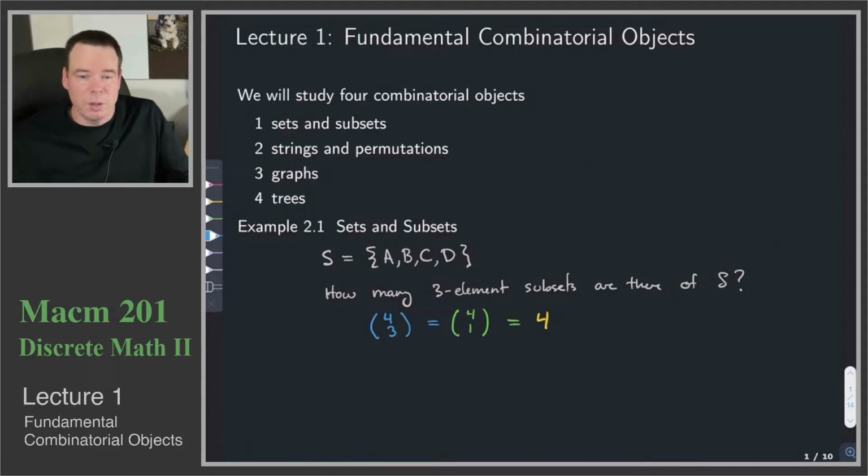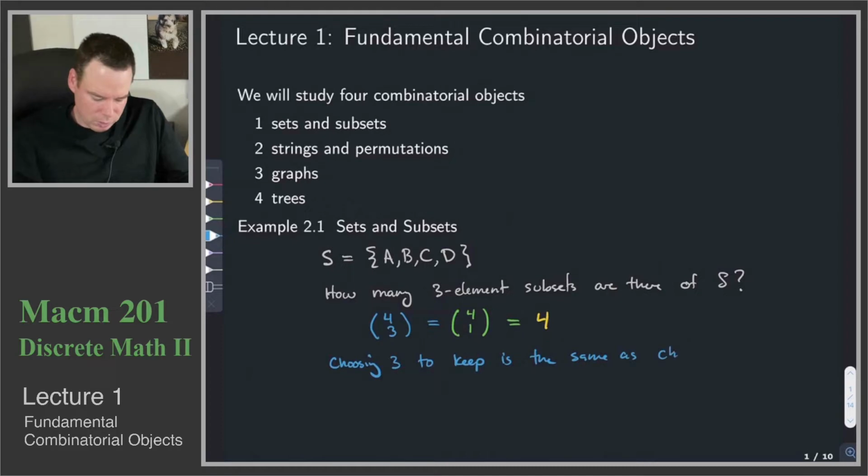If we want to enumerate them or write them down, we can use this last idea that choosing 3 to keep is the same as choosing 1 to, let's say, delete, to get rid of.